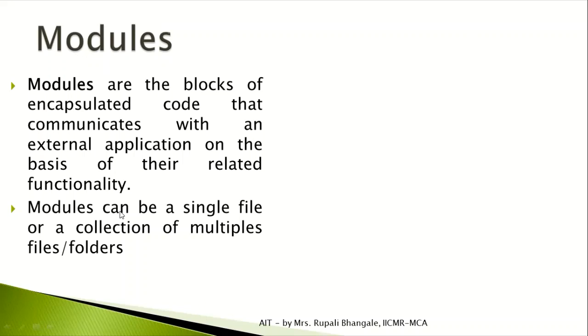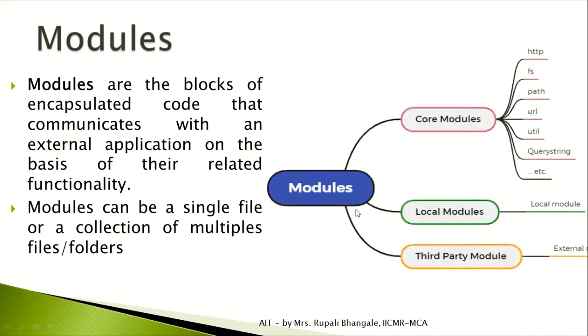Simply put, Node.js has categorized modules into three parts: the core modules, the local modules, and third-party modules. The core modules are the built-in packages or modules available with Node.